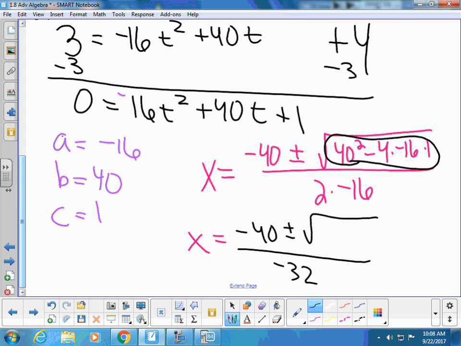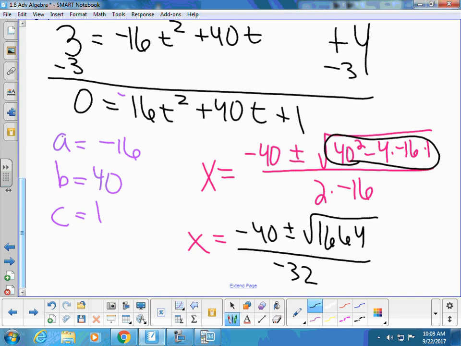Alright, did you guys get 1664 for your discriminant? 1536? 40 squared minus 4 times negative 16 times 1. I got 1664 again. Okay. So 1664. We are going to go ahead and actually calculate that out. It's not a perfect square, I checked.